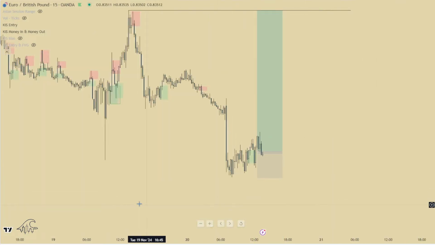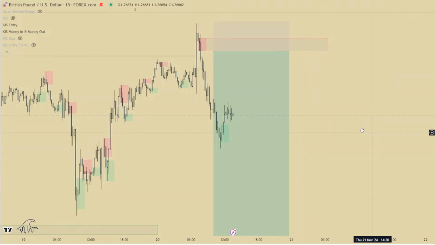And like I said before, it's not about what we think is going to happen. It's about following a rule set. What we think is literally irrelevant.